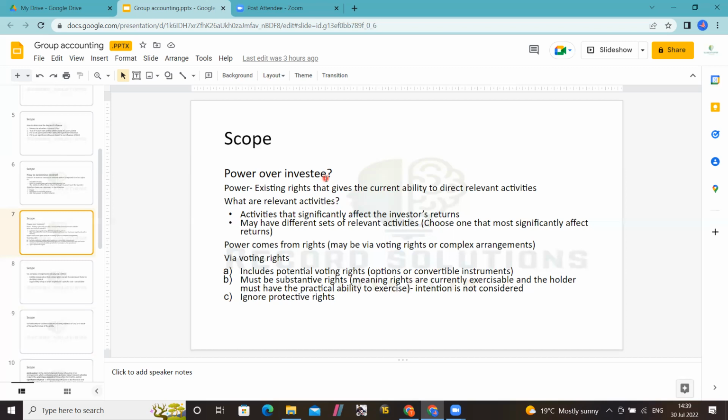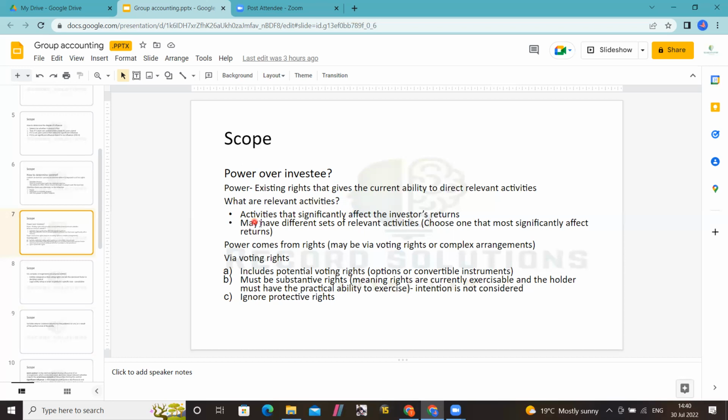Decisions like who are we going to sell to, the cost of the business, where are we going to buy our materials, how much are we going to buy, where are we going to sell. Those are all operational decisions, and that's the first class that affects the investee's returns.